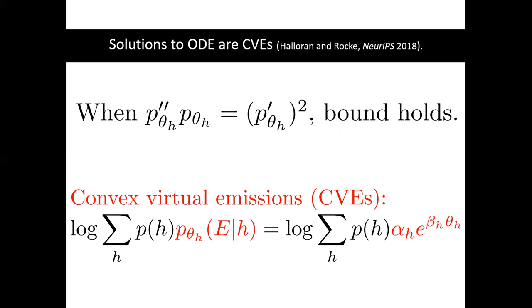Alpha and beta are hyperparameters which are determined by initial conditions from the nonlinear ODE, but you can effectively just treat them as arbitrary hyperparameters. In our NeurIPS 2018 paper, we called this class of functions, which renders the log likelihood convex, convex virtual emissions, or CVEs for short.